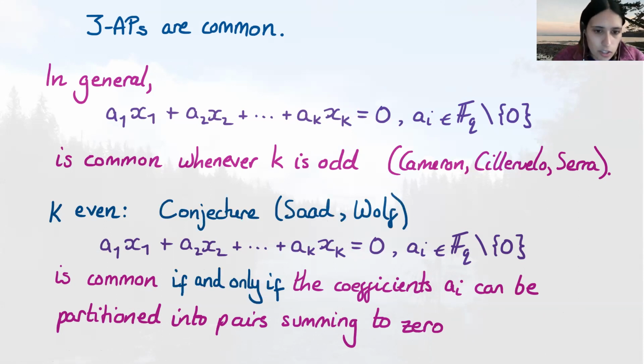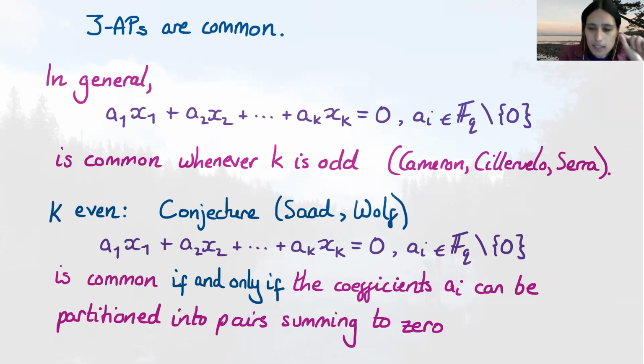They made the conjecture that this is common if and only if the coefficients can be partitioned into pairs which sum to 0. Okay, so a little while after this, their conjecture was actually proved by Fox, Pham, and Zhao.